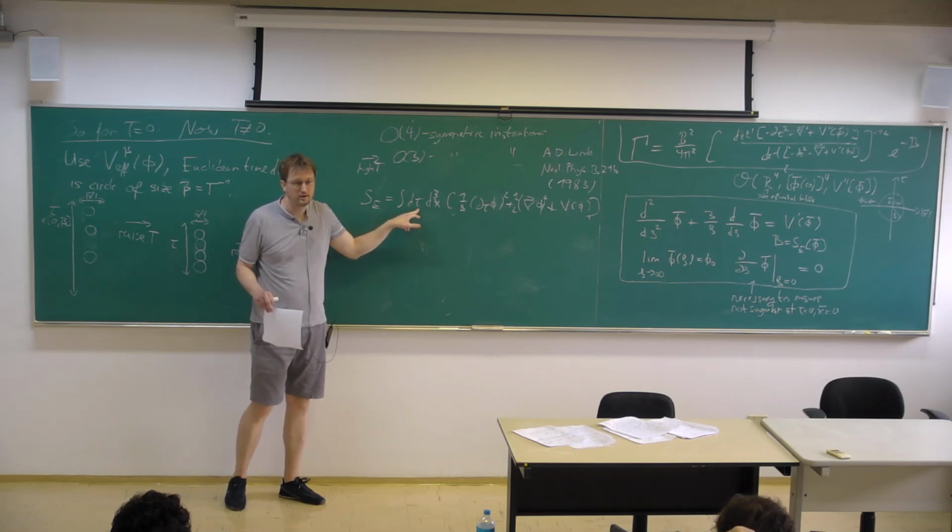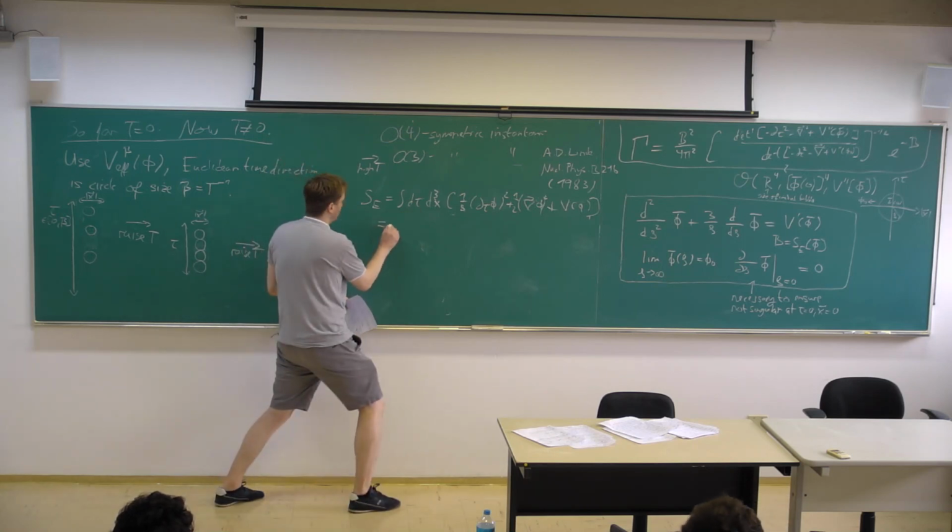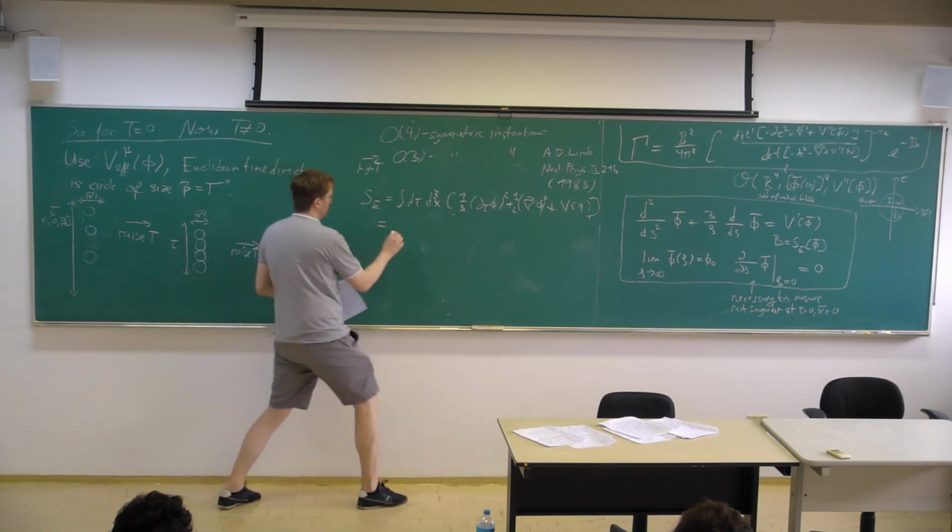Euclidean time is finite, so what you get is really just an overall factor of beta, which is the inverse temperature.